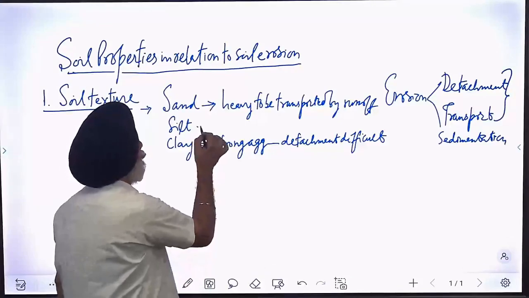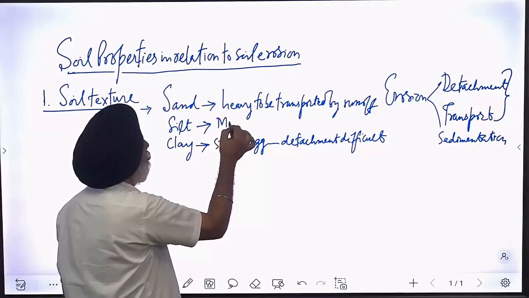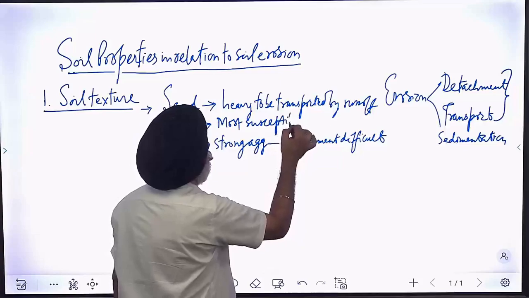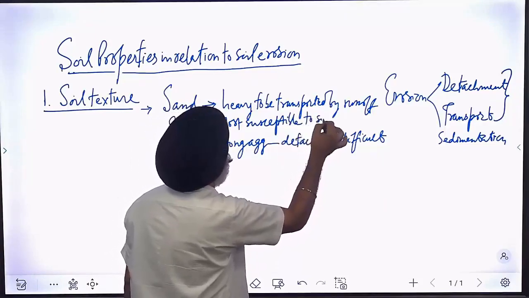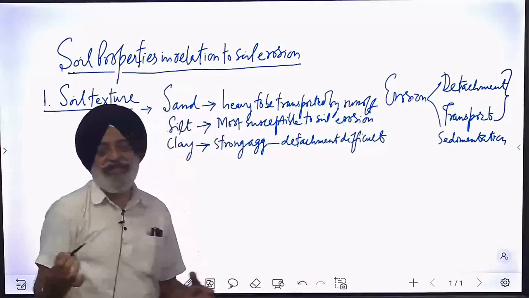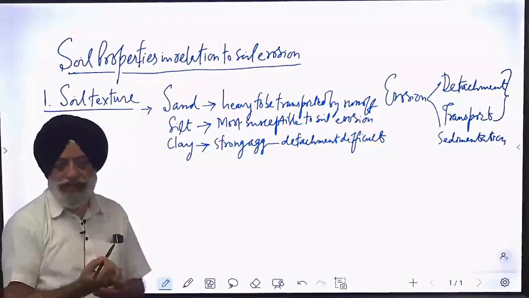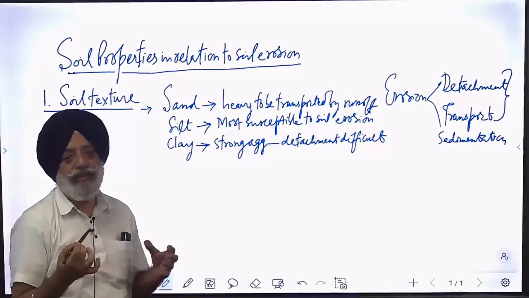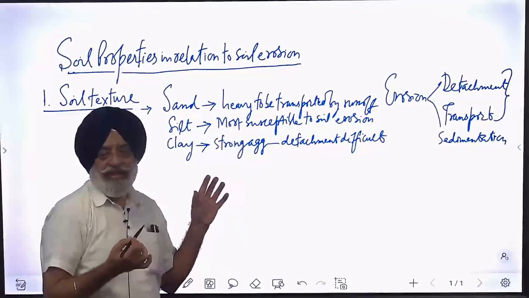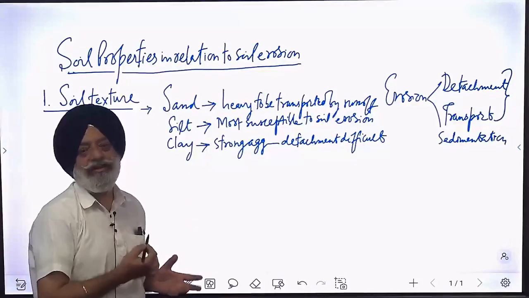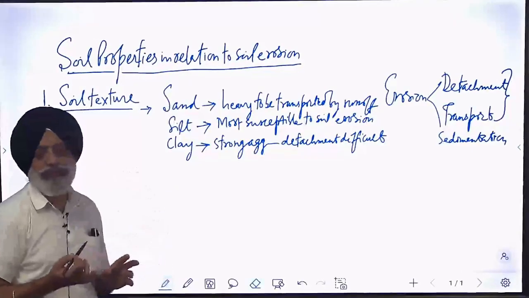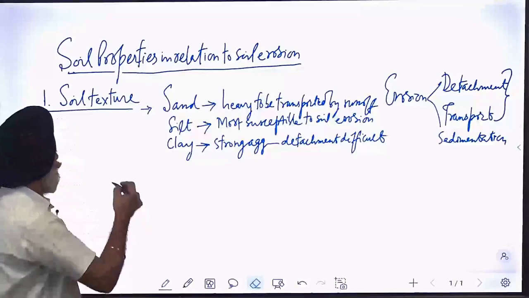So only the silt particles are most susceptible to soil erosion, because unlike clay particles, the silt particles do not adhere to each other, they do not result in formation of stable aggregates. At the same time, they are smaller than sand particles to be easily carried out by the runoff water. So this is one effect of soil texture.